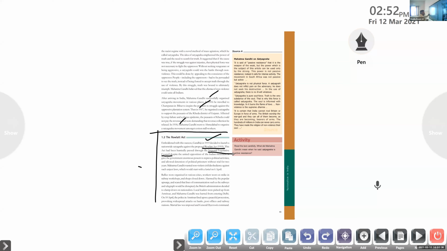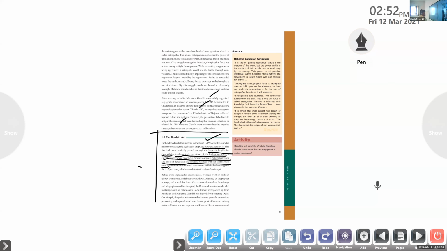Despite the united opposition of the Indian members, it gave the government enormous powers to repress political activities and allowed the detention of political prisoners without trial for 2 years.